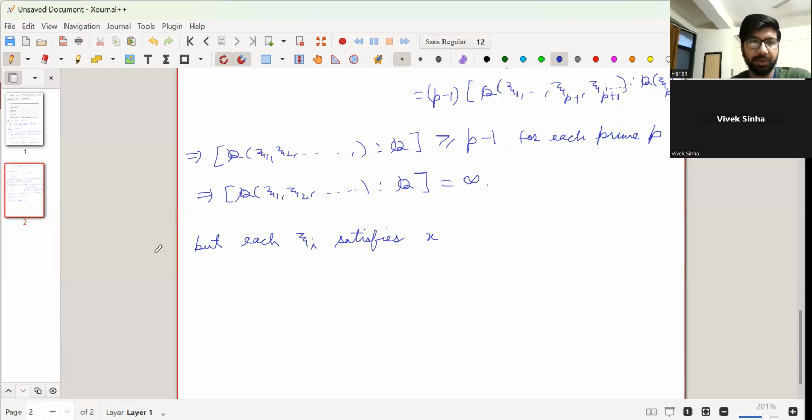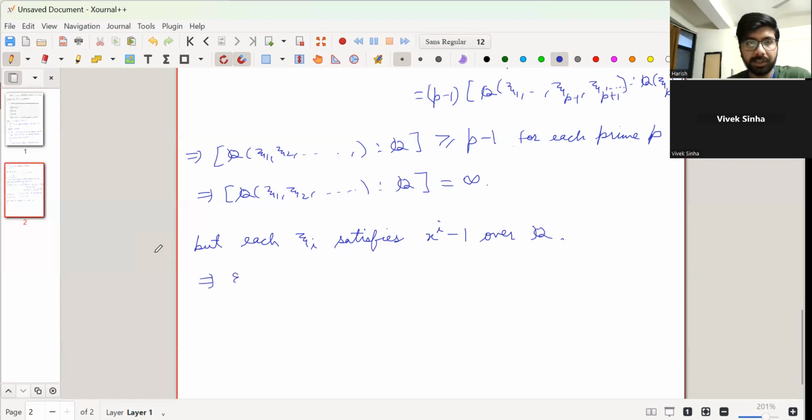Although this is infinite, each zeta_i satisfies x^i minus 1 over Q, right? By definition, it is the ith root of unity. So it satisfies this.